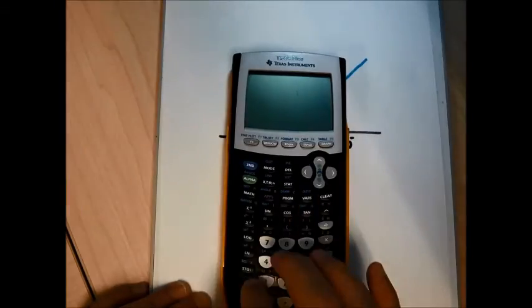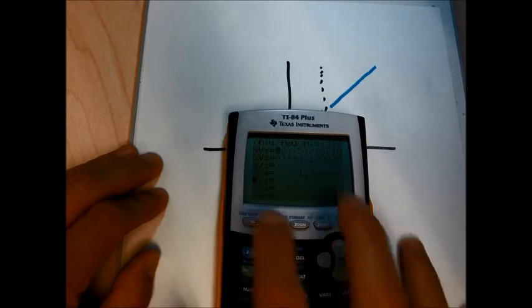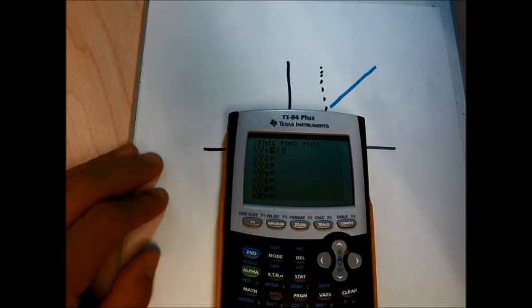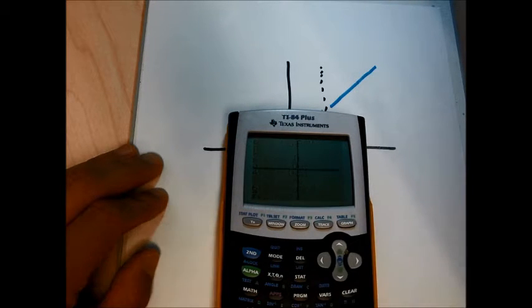Like if on my calculator I graphed, this would be something like, I don't know, x plus 1 times x minus 3 divided by x minus 3. Let me do a zoom standard.